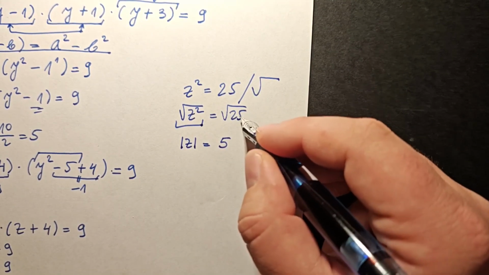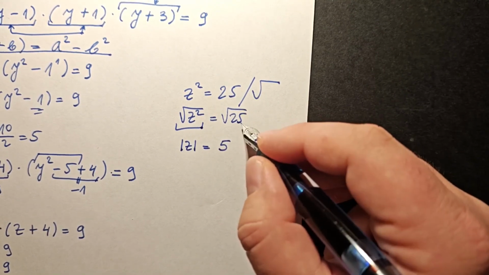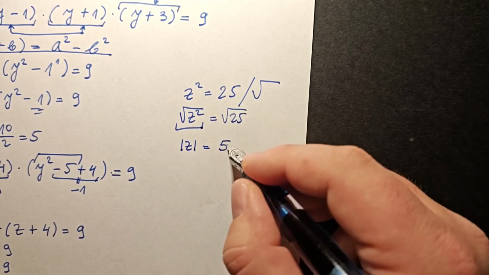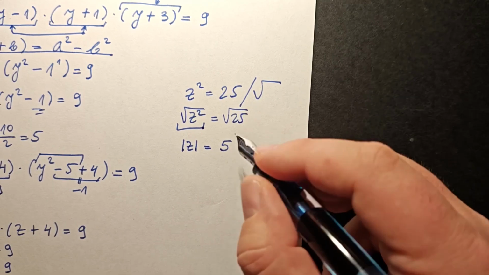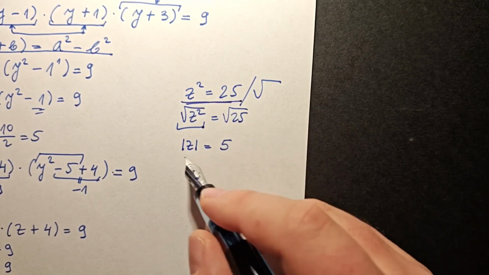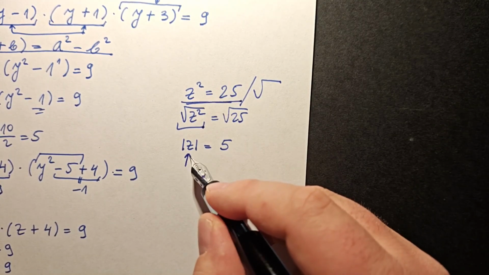Remember, it's not plus or minus 5. Square root is a function. It has only one solution. The solution is unique, just the number 5. That plus or minus that we get for solving this equation comes from the absolute value.